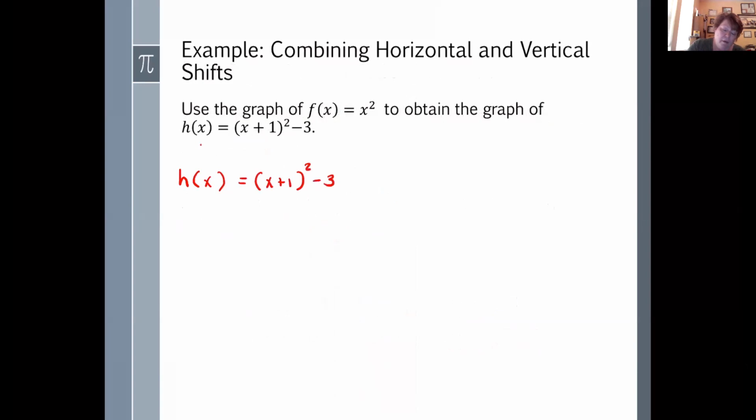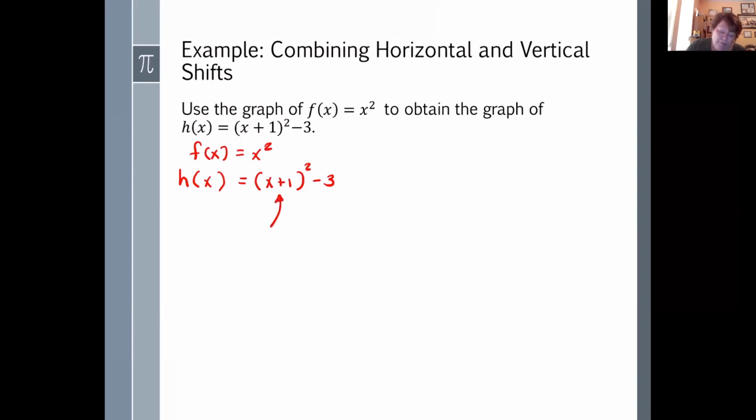Let's go ahead and write our standard quadratic above it. We are subtracting 3 from the output, but we're adding 1 to the input.